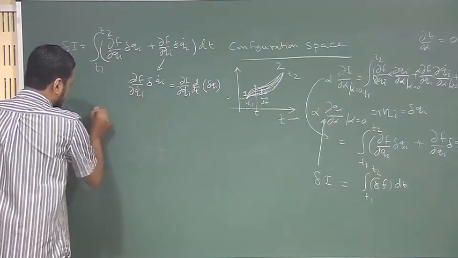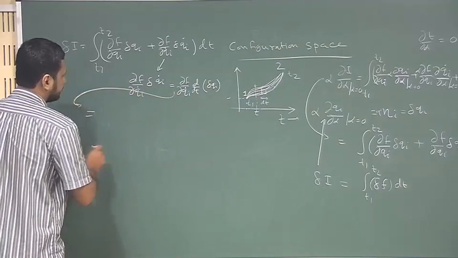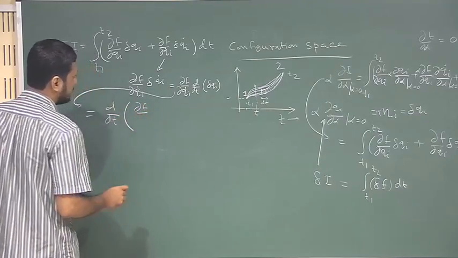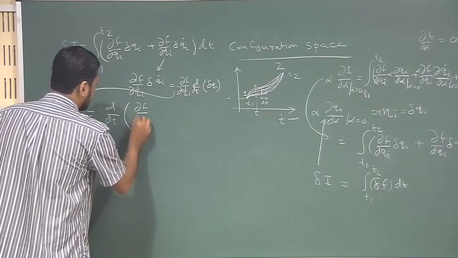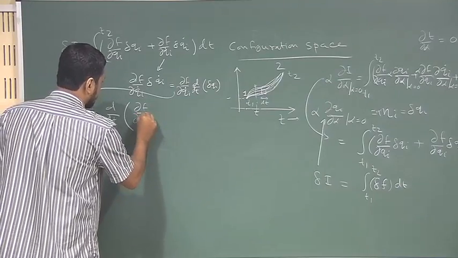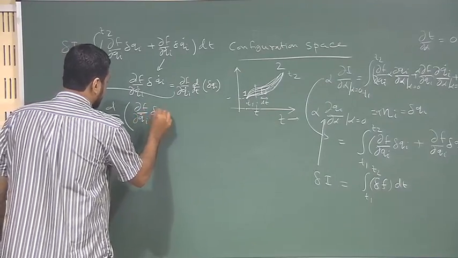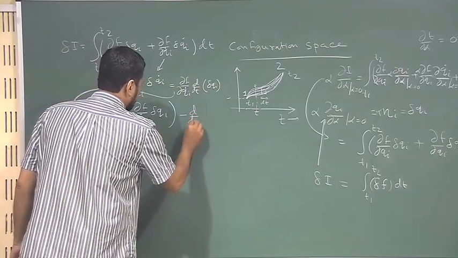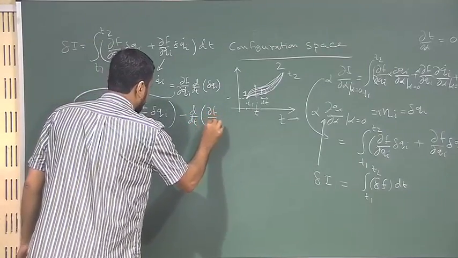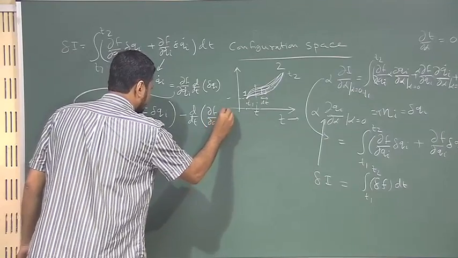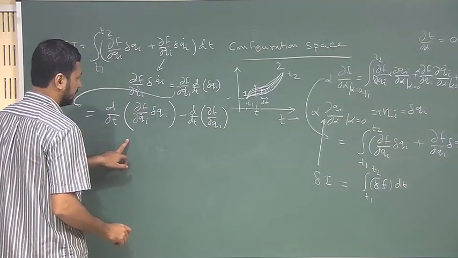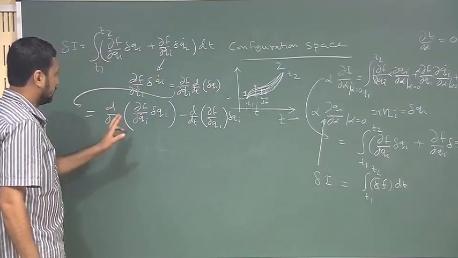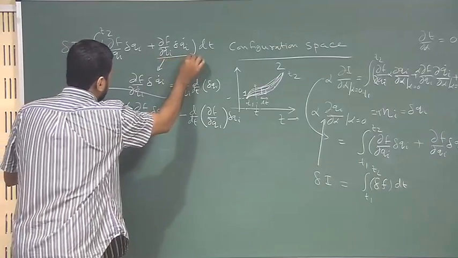Also, this whole thing can be written as d dt of del f del q y dot delta q y, minus d dt of del f del q y dot, times delta q y. This we can do.